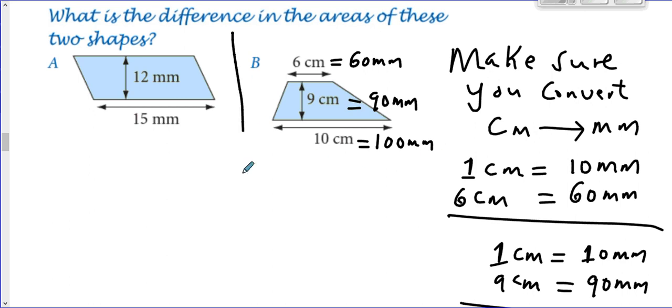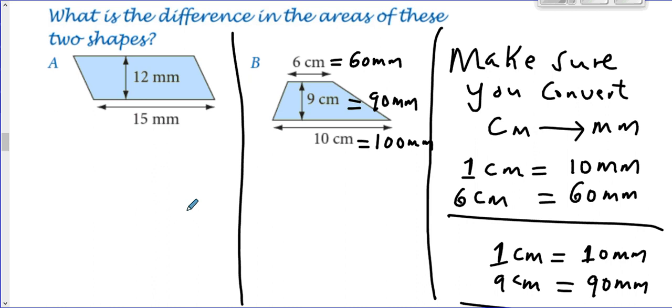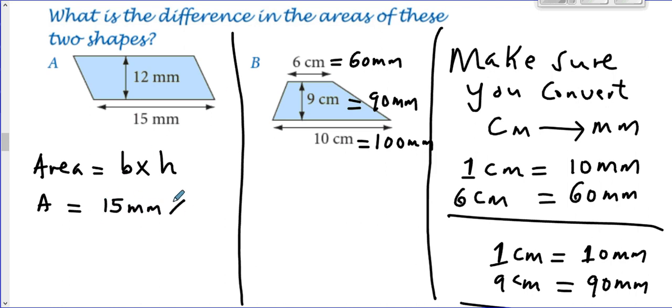Now, how do we find the area of each shape? I think you remember that the name of this shape is a parallelogram. So the area of a parallelogram is base times height. So area will be equal to the base, which is 15, times the height, which is 12.